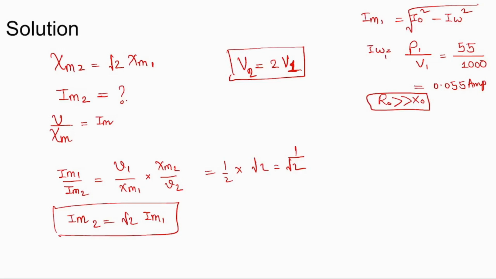So much less current will flow. Although no load current is very less, 2 to 5% of the full load current, out of that the magnetizing component will be much greater.